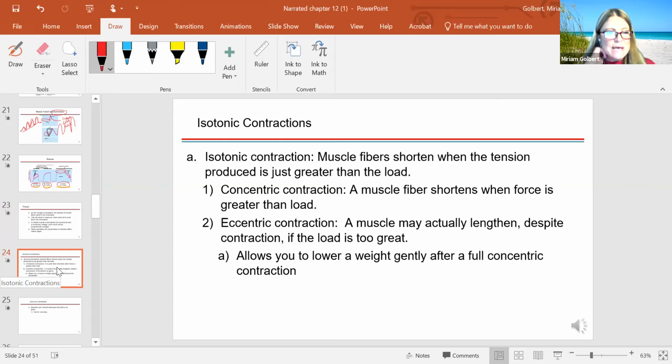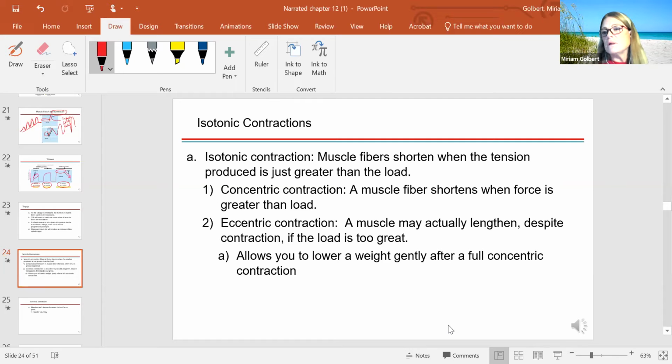So we have two types of contractions. The type of contraction depends on the actual movement that we're going to do. But isotonic contractions are the typical contraction that you could imagine. So walking downstairs, you had to bend your knee, right, when you're walking, or bicep curls.